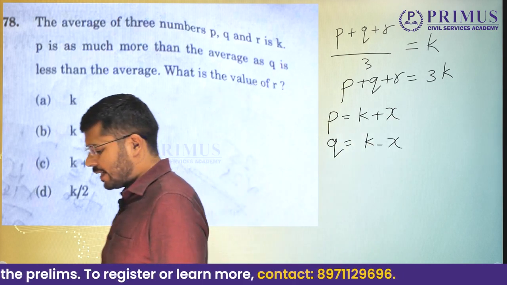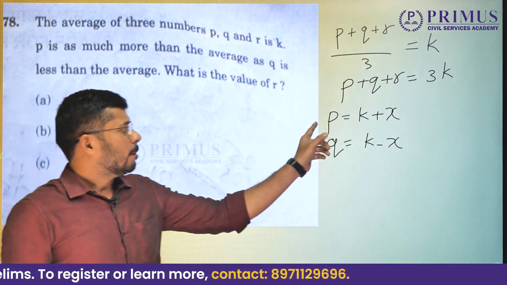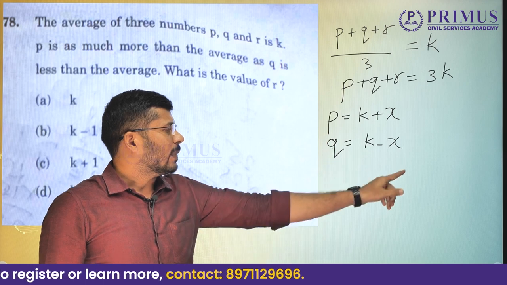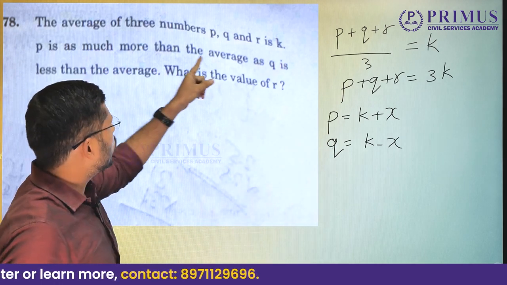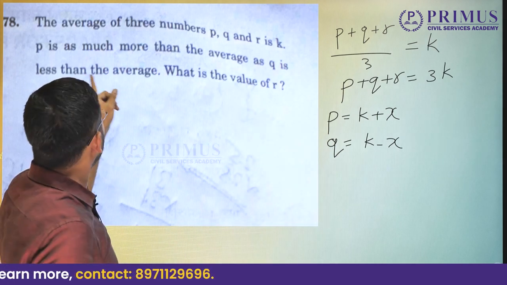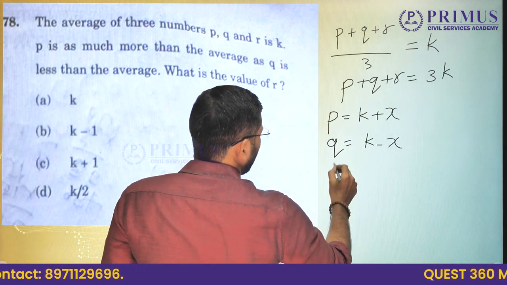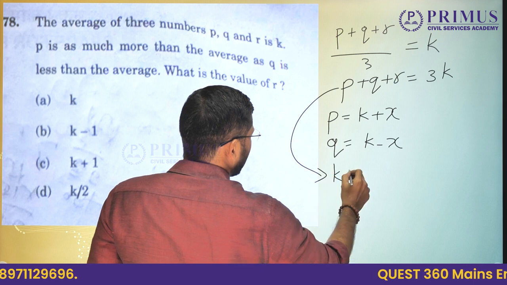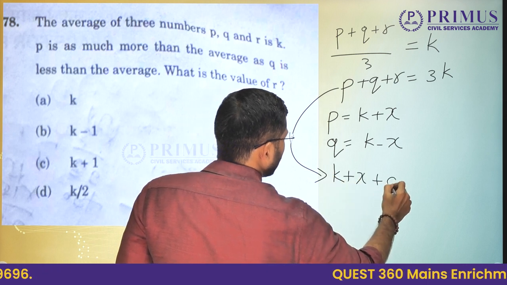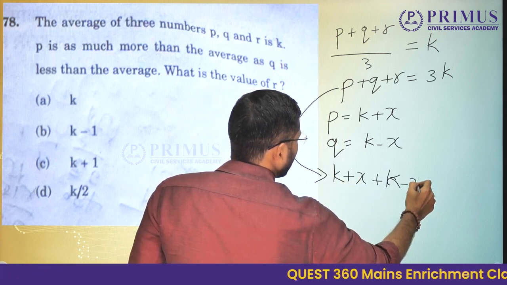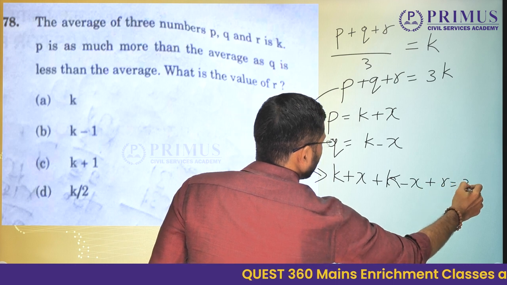This is how we can translate the given data into equations. P is equal to K plus X, then Q is equal to K minus X, because P is as much more than the average as Q is less than it. Now if we substitute these values, this equation will become K plus X plus K minus X plus R is equal to 3K.